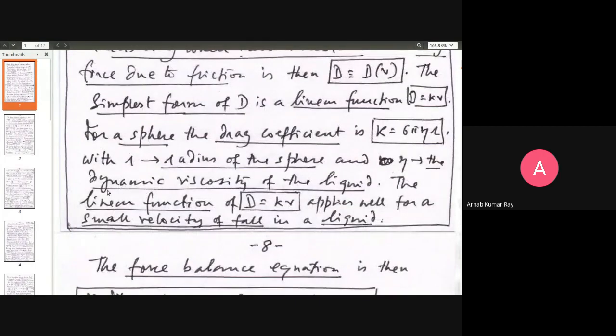I also mentioned the word dynamic viscosity; I'll come to this later. This linear formula applies well when the velocities are small, such as when an object falls through liquid. A liquid will offer greater resistance as compared to air. Water will offer greater resistance to any particle traveling through it as compared to air.